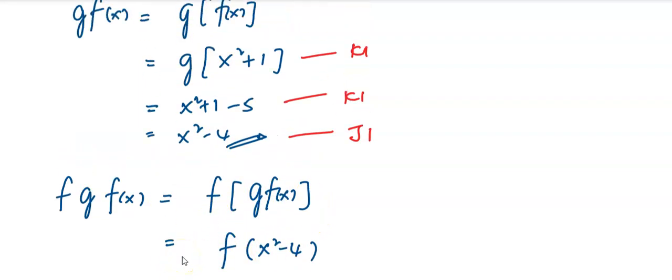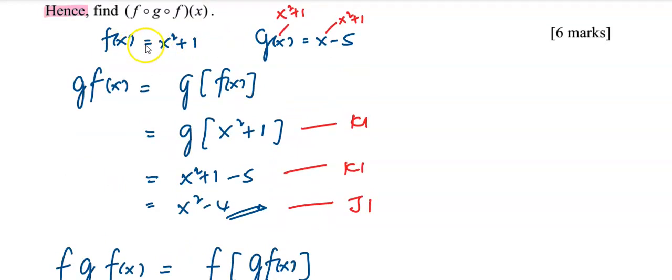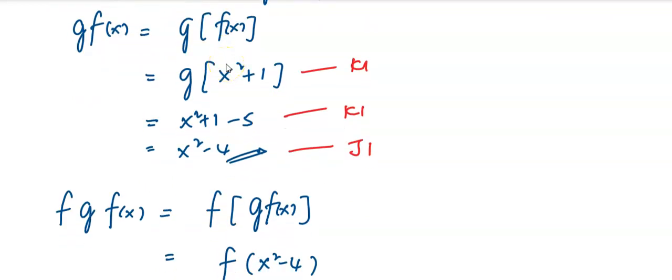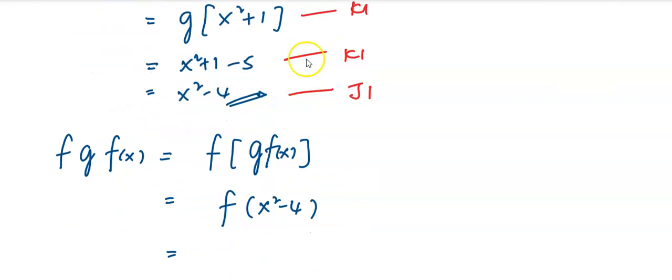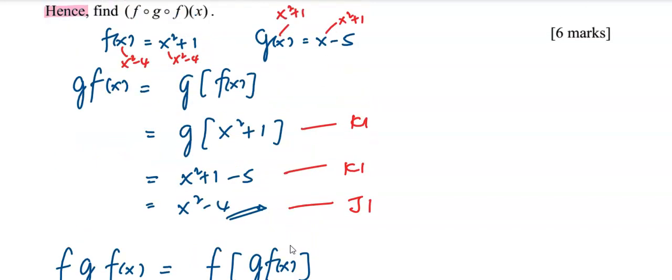Then look at your f. f(x) is given by x squared plus 1. Since you would like to get f of x squared minus 4, meaning that this x will be replaced by x squared minus 4, the same as this x. So if this x is replaced by x squared minus 4, your f will become x squared minus 4, squared, and then plus 1.